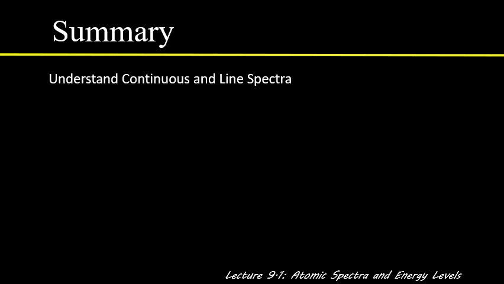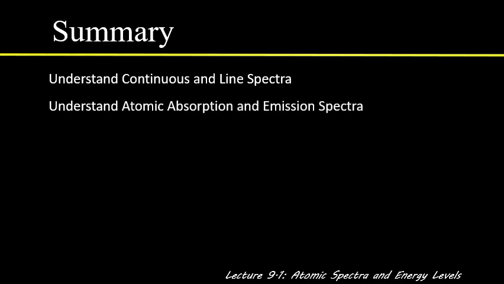A line spectrum is when you get just specific colors, and that's what you get emitted from hot atoms, right? There are absorption spectra and emission spectra, but it's the same thing. It's going to give you a line spectrum in either case.